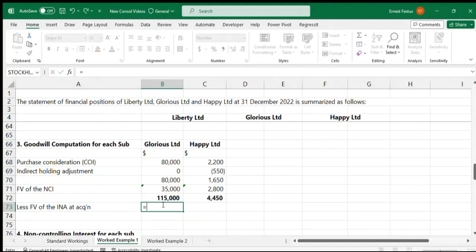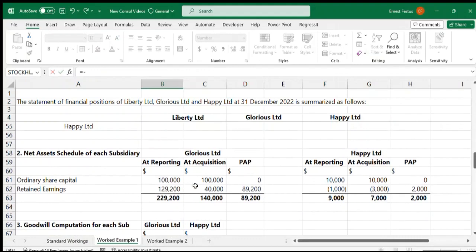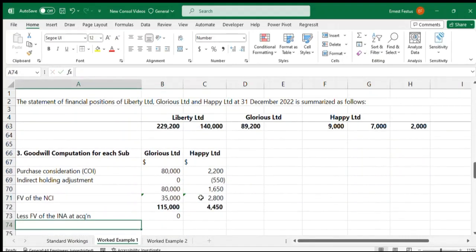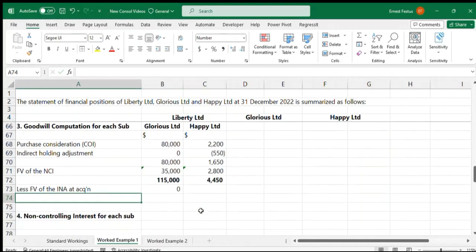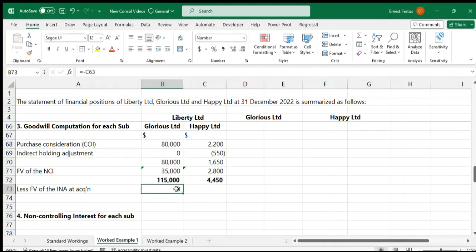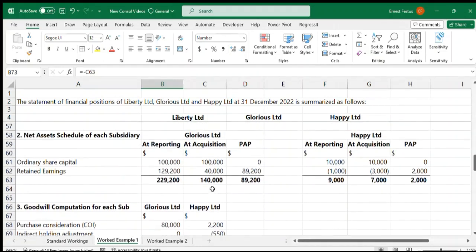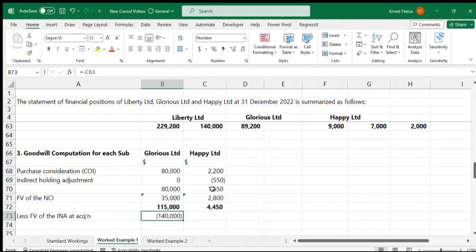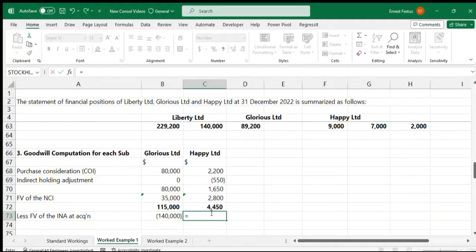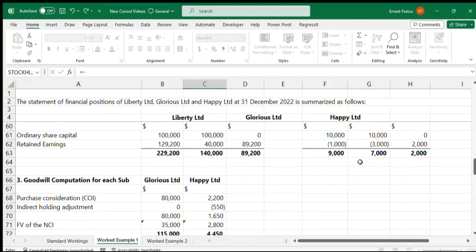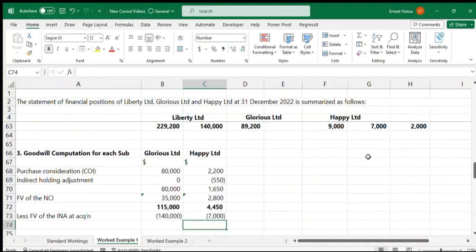So I'll put my minus here, and this is the net asset at acquisition. So I have that. Okay, and then also I have my minus here. I have the net asset at acquisition. We have that.